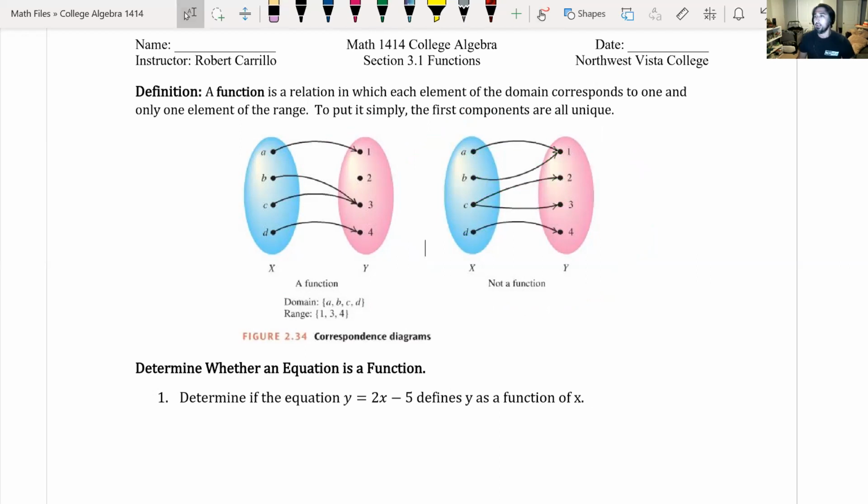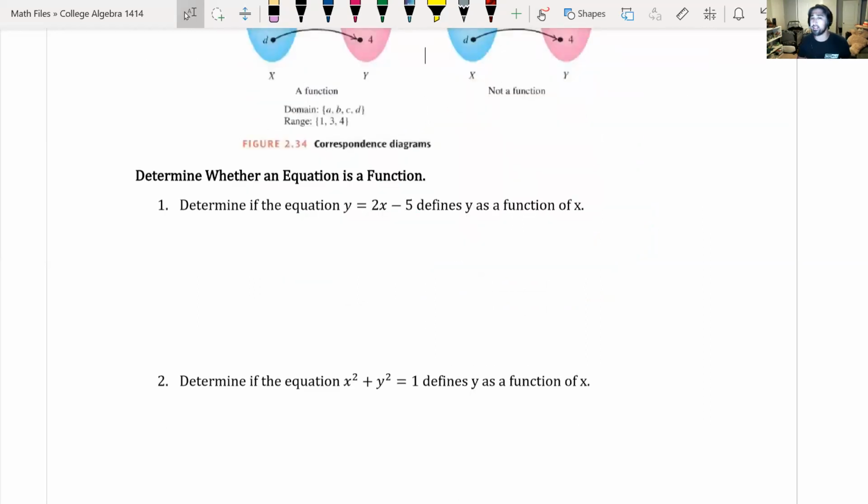Okay. Now, how can you determine if an equation is a function? What are some key things to look for? So the next three examples, we want to know, are these equations actual functions? So first one we look at is y equals 2x minus 5. All right.